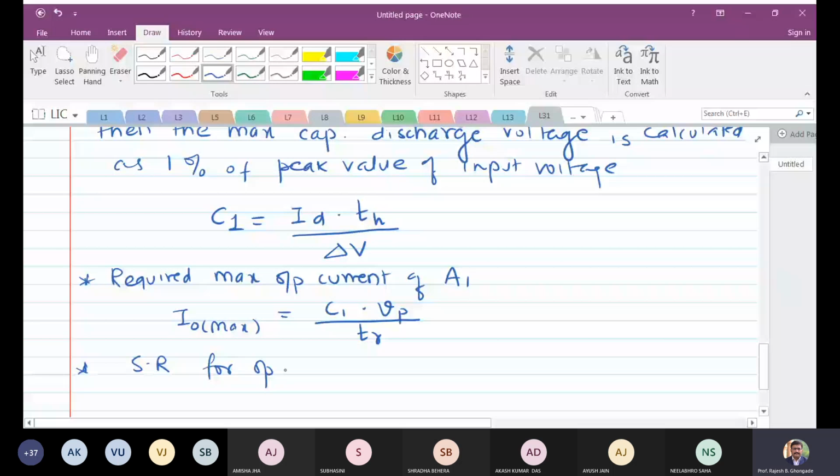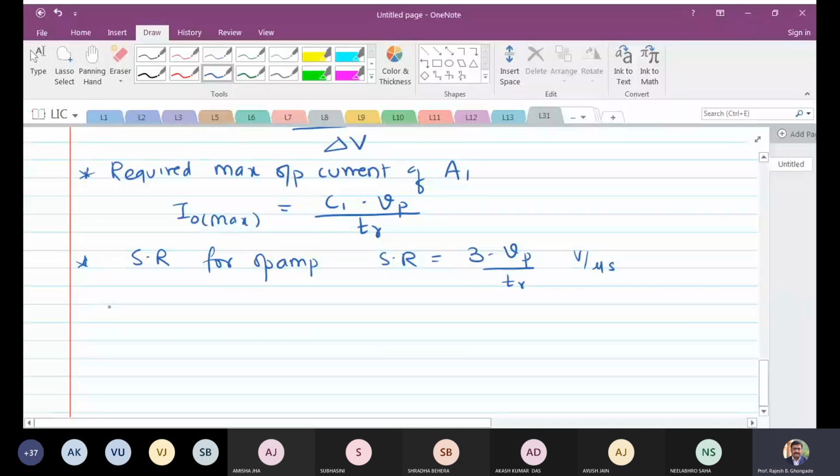This is specifically for the peak detector. And 3 times the slew rate adds approximately 5% to the rise time, which is acceptable.